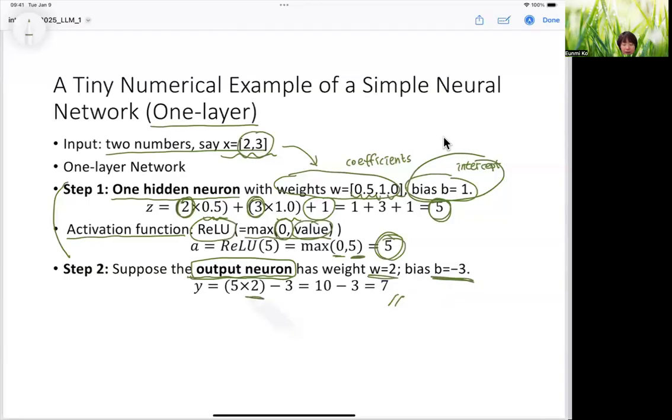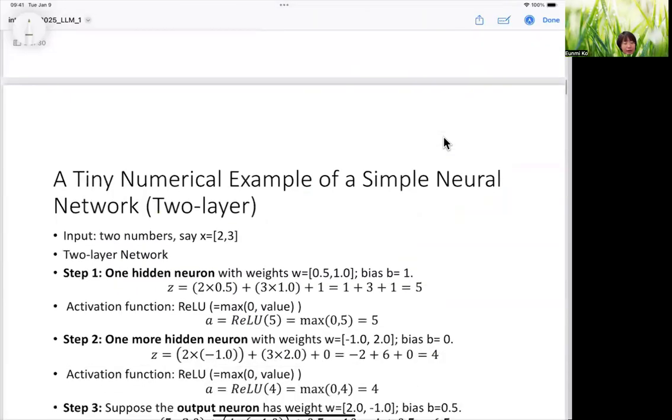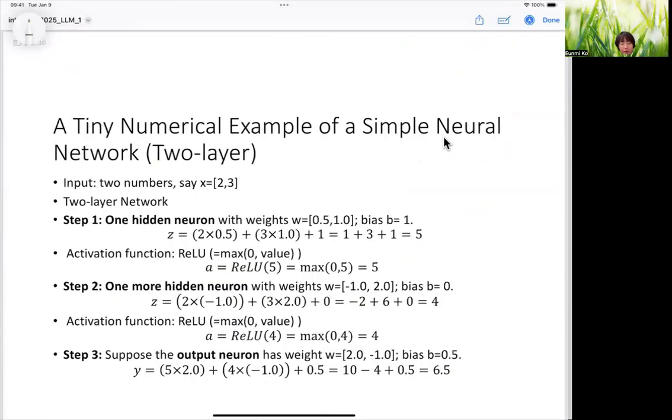Then we apply the weight like a coefficient and we apply the bias like the intercept. Then we get the value 7 out of this simple layer of neural network. So that's simple. That's the one-layer neural network.